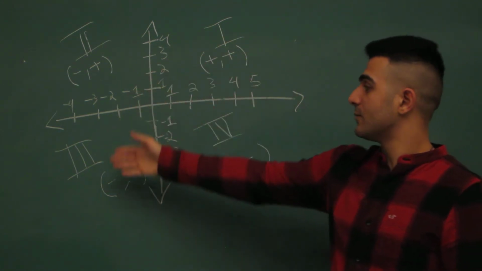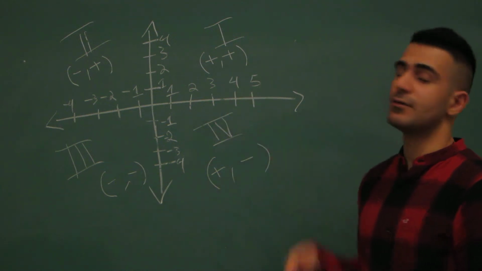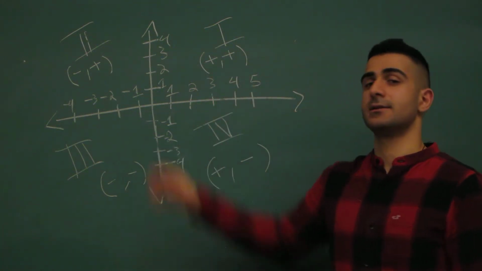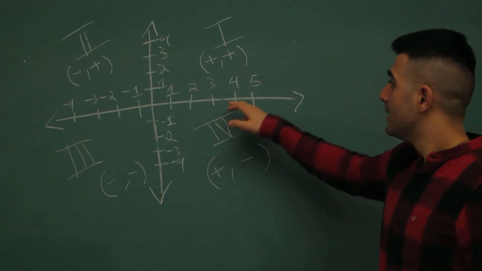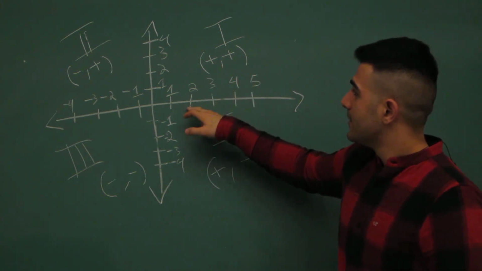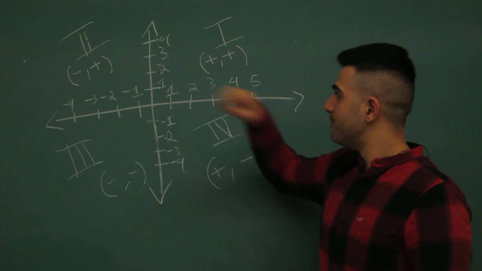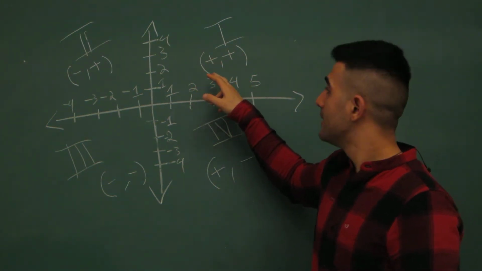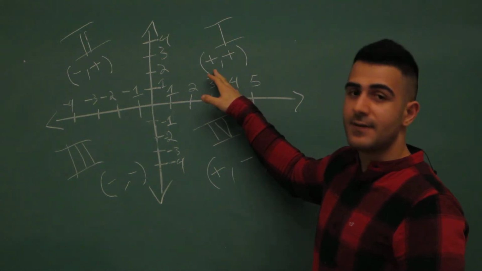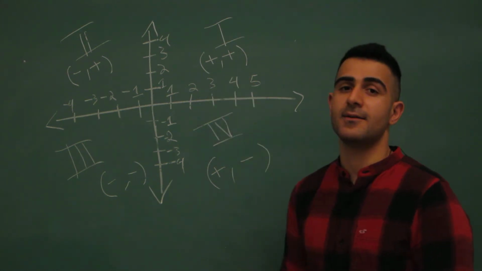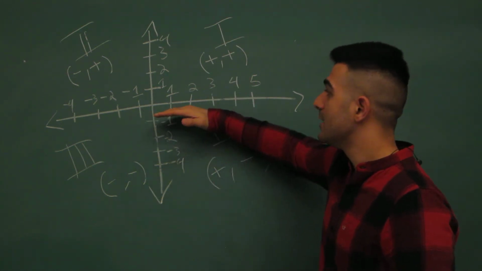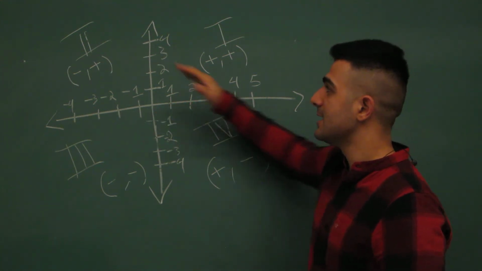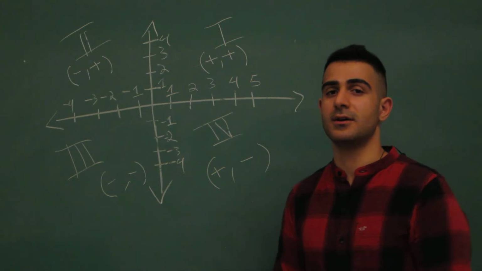Now let's just look at what we've done, and then you'll see what I mean by the relationship between the quadrants and the axes. So we see that any value in quadrant 1 has positive value for the x value and positive value for the y value. This is because of what values it can take on along the x-axis and what values it can take along the y-axis.